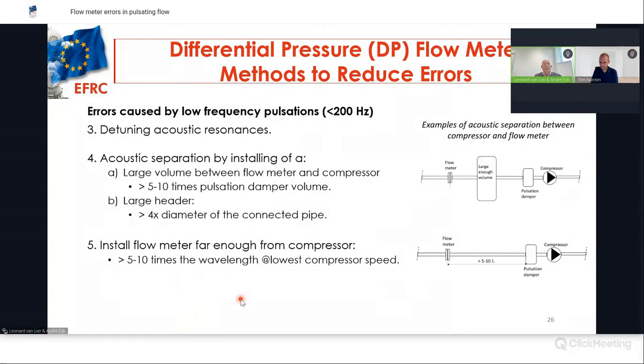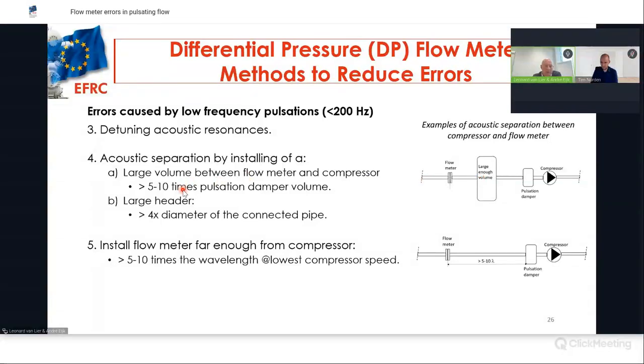The next mitigation measure is that you can detune acoustic resonances, and that can be done, for instance, by shortening or lengthening the pipe system, etc. It is also possible to acoustically separate the flow meter from the pulsation source, the compressor, for instance, by the installation of a large volume. It is also possible that you increase the header, and of course you can also choose a combination.